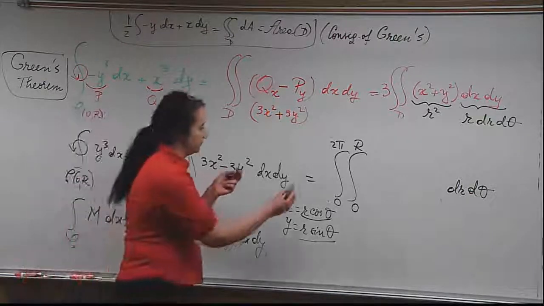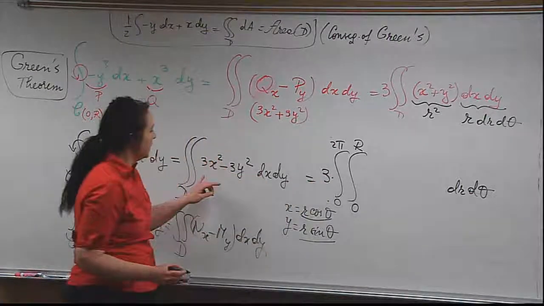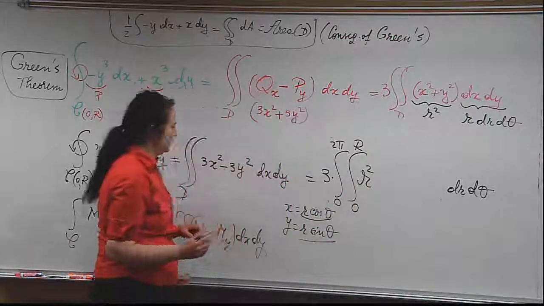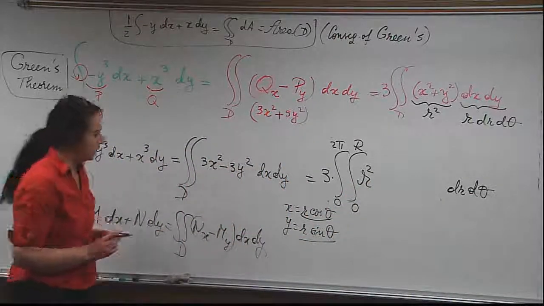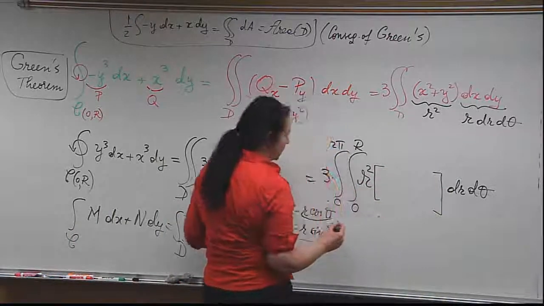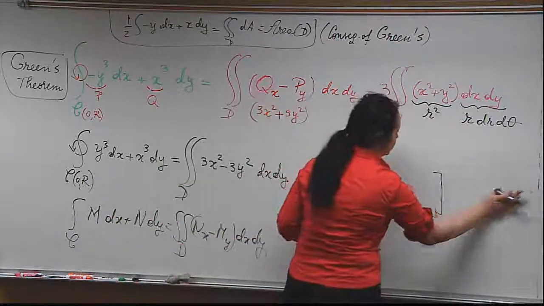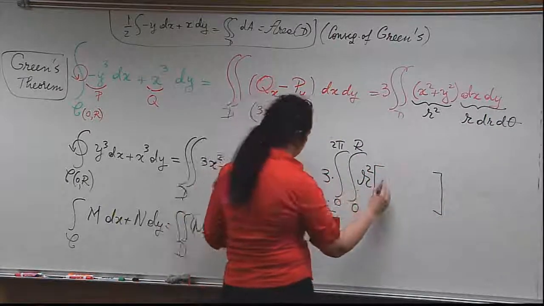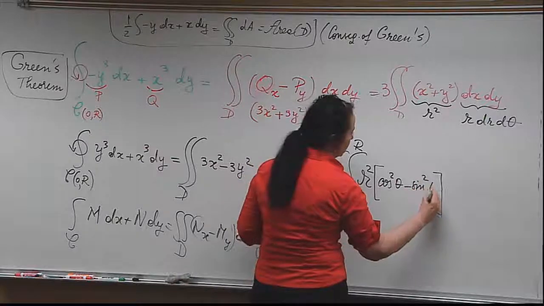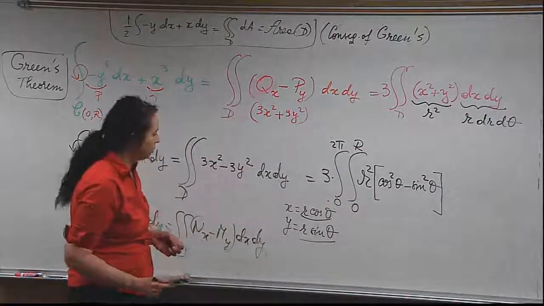A 3 out, equals what? Inside you have R squared. Do you agree? Okay. And times your favorite expression, which is cosine squared theta minus sine squared theta. And you're going to ask me why. You shouldn't ask me why.